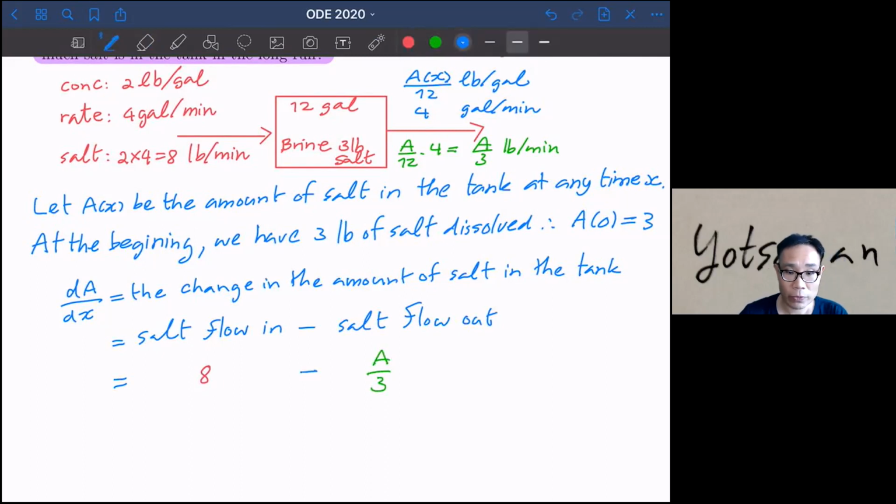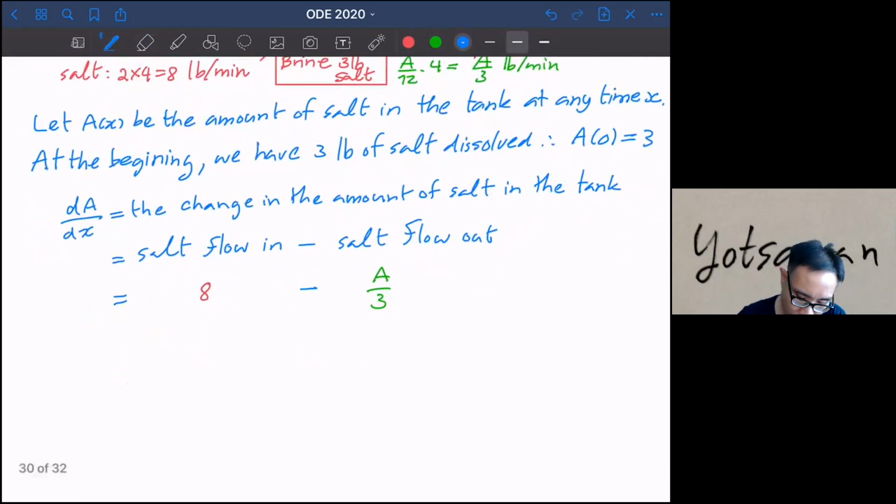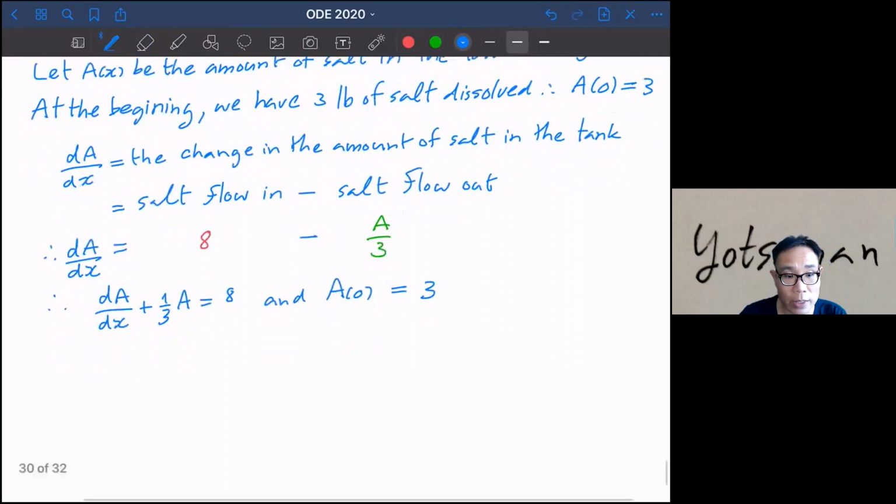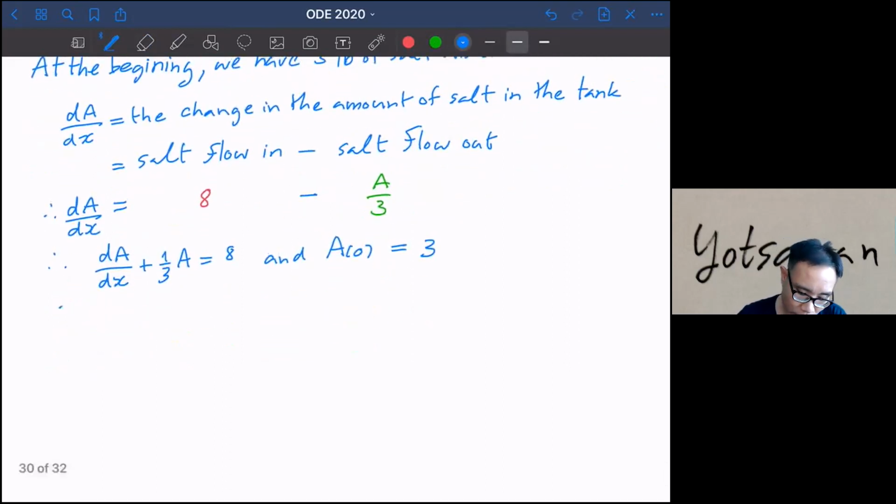Okay, so this one will give you the differential equation dA/dx. So you put this one in terms of dA/dx plus A over 3 equal to 8, or you may just write this one as dA/dx = 8 minus 1/3 A. Okay, and you have the condition A(0) equal to 3. And again, this one is linear.